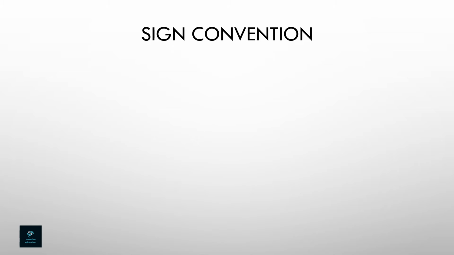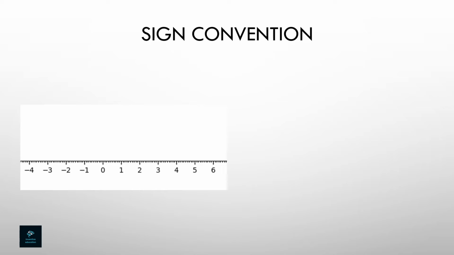Now what are the sign conventions used to solve any problem in linear motion? When the object is moving in the positive x direction, we say that the displacement is positive and velocity is positive. If the velocity is increasing, we say that acceleration is positive, and if the velocity is reducing, we say that the acceleration is negative.